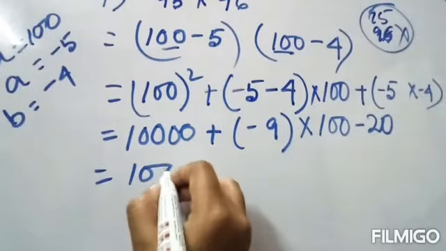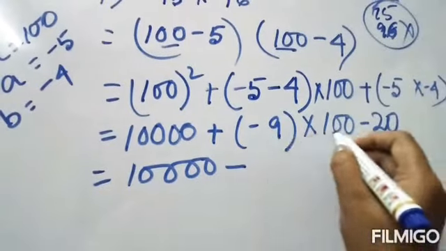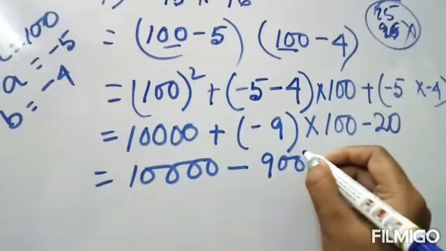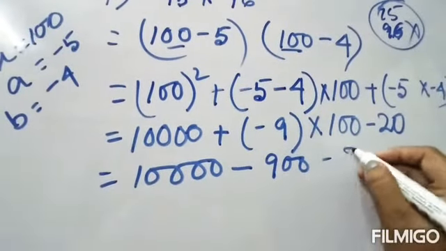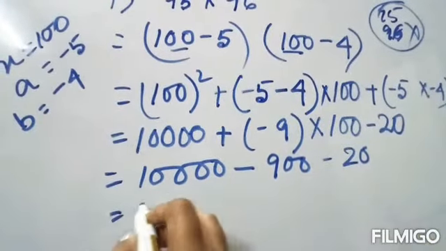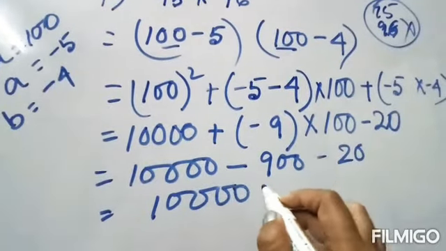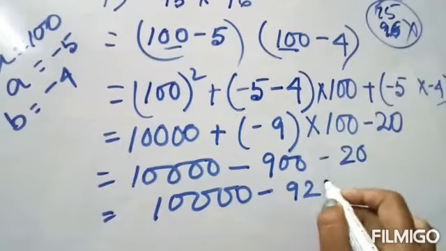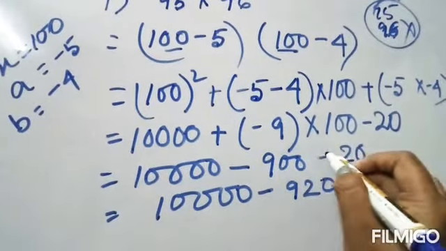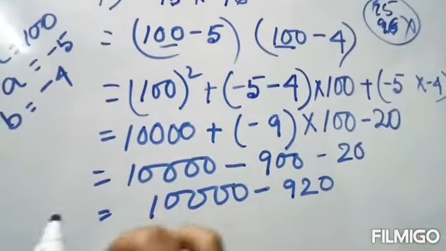So 10,000 minus 900 plus 20, which means 10,000 minus 880.